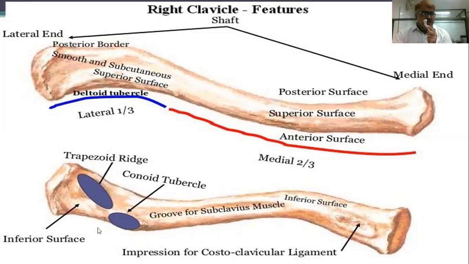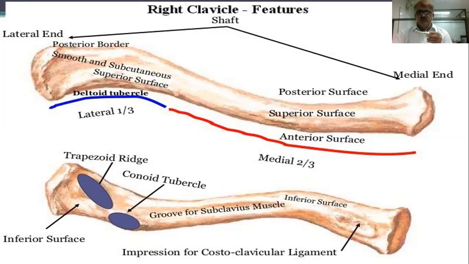You can see here, this is the conoid tubercle, and anterolaterally the ridge is going here. This is called the trapezoid ridge. Okay, now these are the features. And laterally, this articulates with the posterolateral aspect. We have a facet that articulates with the acromion process of the scapula to form the acromioclavicular joint.